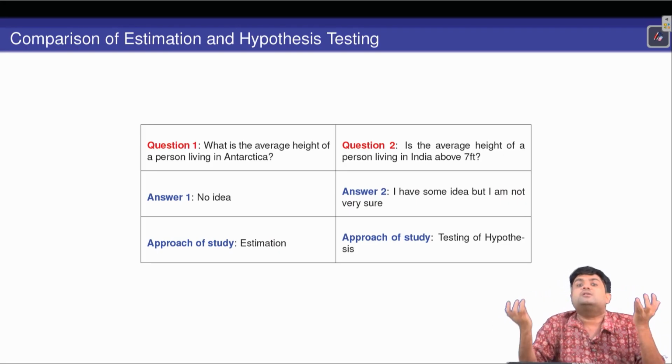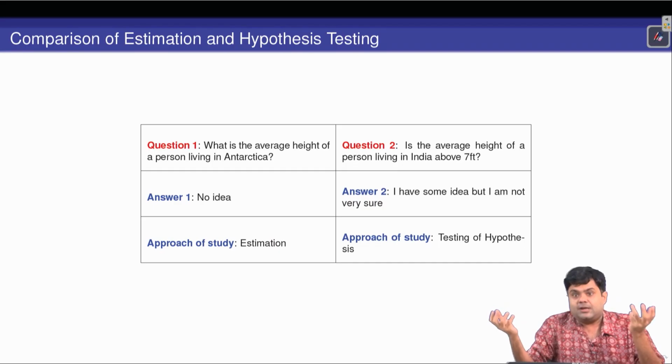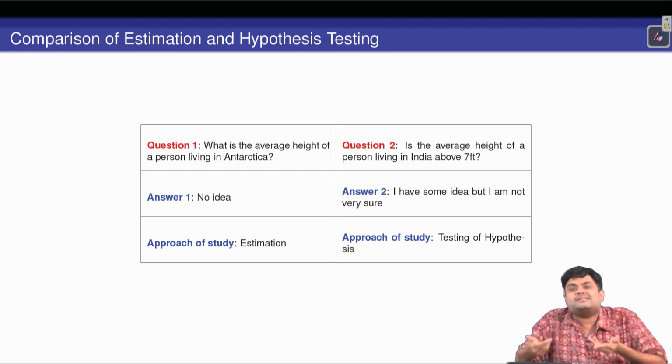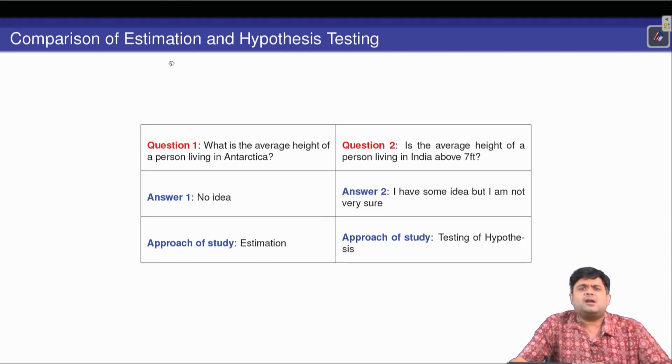So for example, question 2 is whether the average height of a person living in India is above 7 feet. There are many subtle layers here when you compare these two questions. Here it's a straightforward question where of course we know that the height will be a non-negative real number, but that's it.